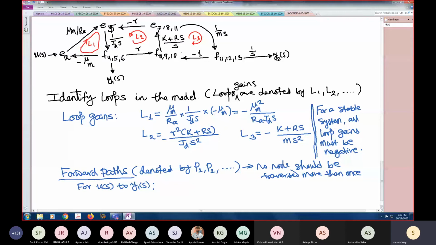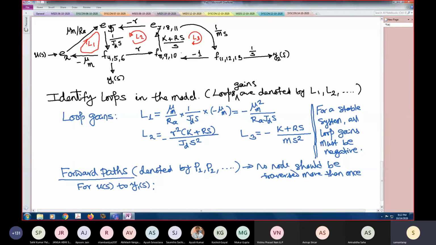You have to go directly in the shortest path from the input to the output, and you should not go in circles around that loop, because in that case you will encounter the same node more than once. So you cannot encounter any node more than once. You have to go from input to the output.